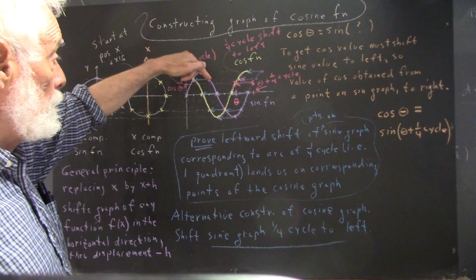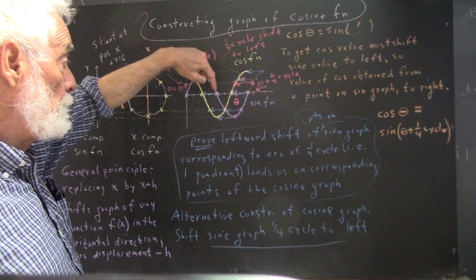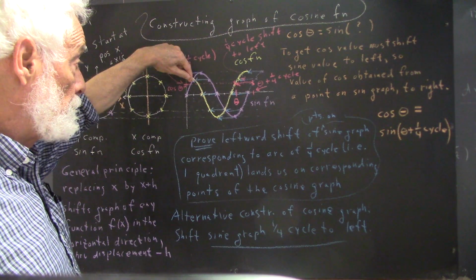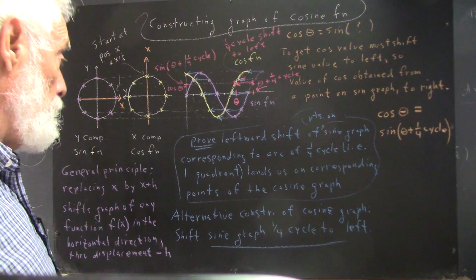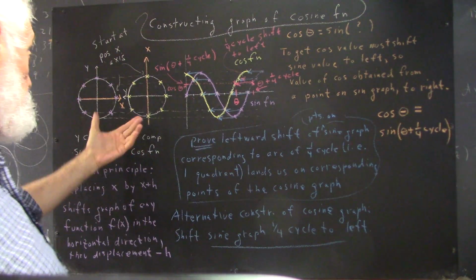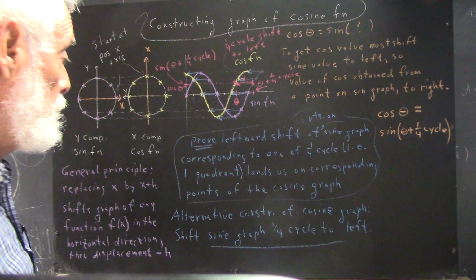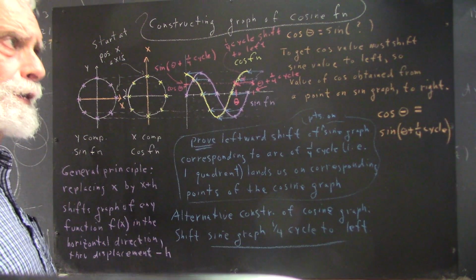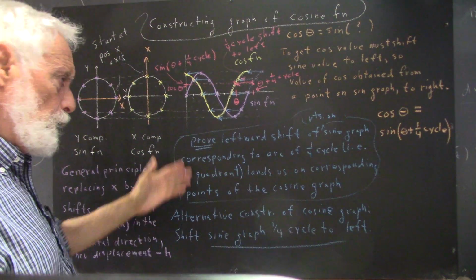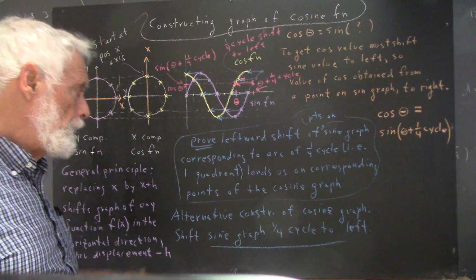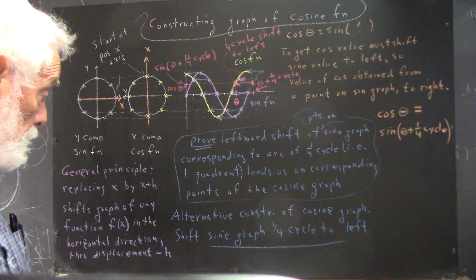So we move, and I've indicated that by these blue leftward arrows. Every one of these arrows will land us on the corresponding point of the cosine graph. And that's something you should prove just based on the way this thing's been rotated, and a little bit of actually simple reasoning, but proof at this stage is never simple. So if you don't get it, don't be paranoid, but it's something you should consider proving.